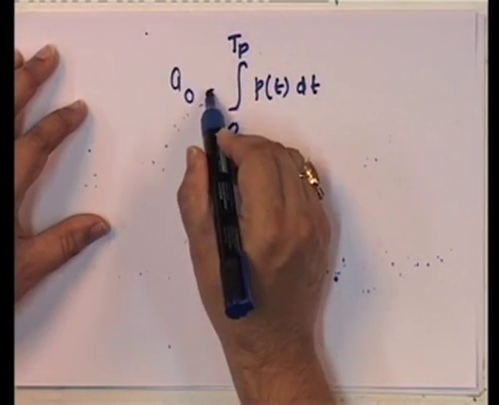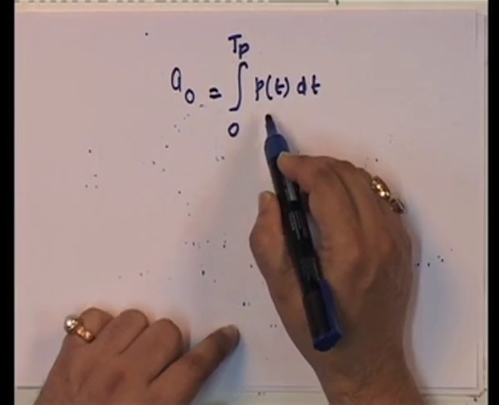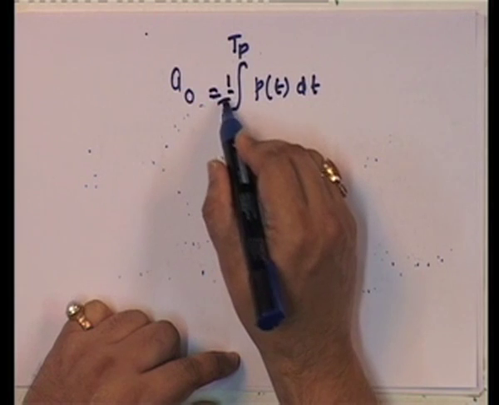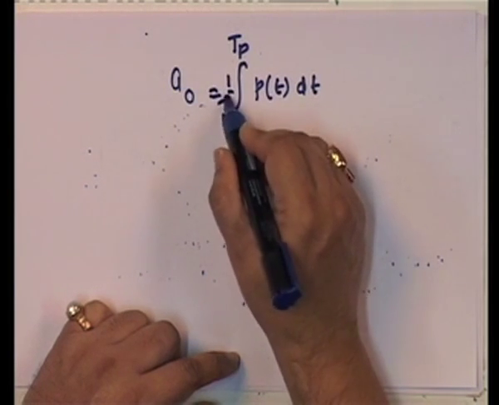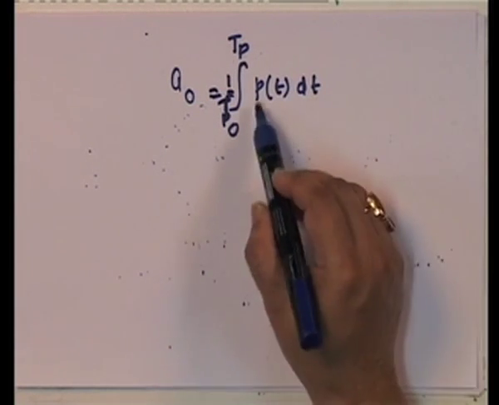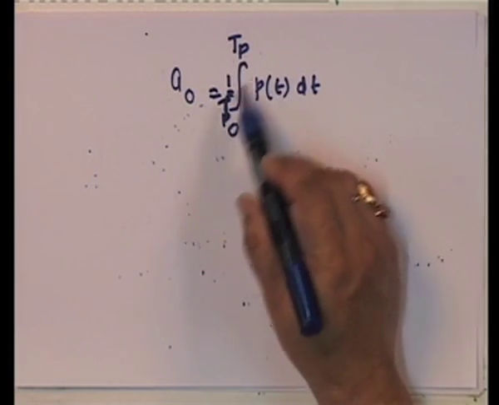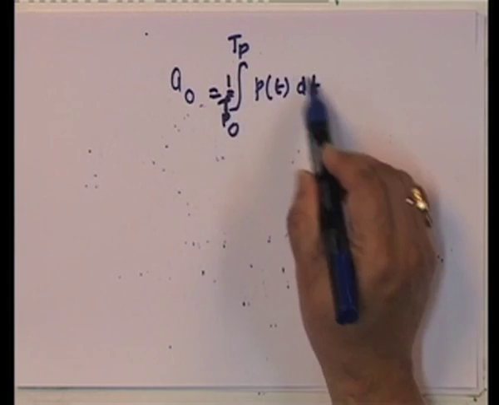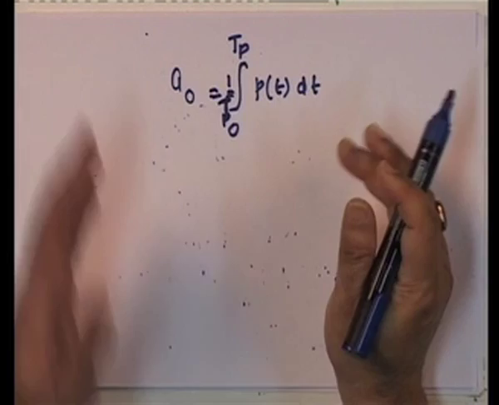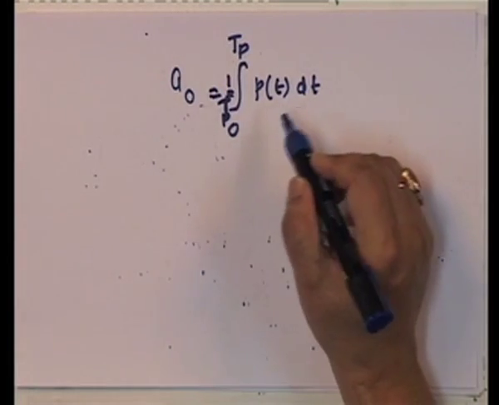What is this term? Think of it. There is a 1 upon Tp outside. What is the integral? The area under the load curve divided by the duration of the loading, right?